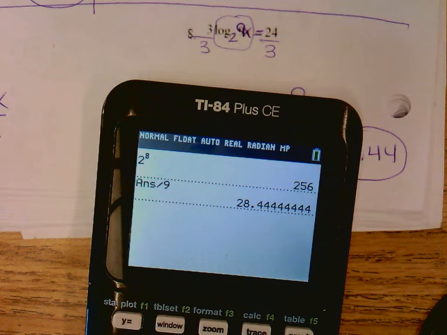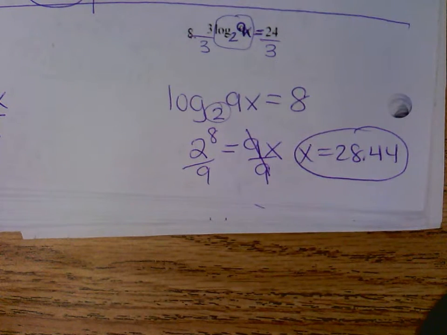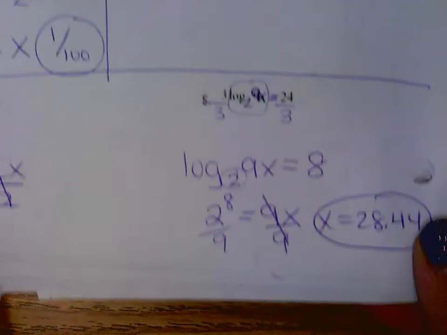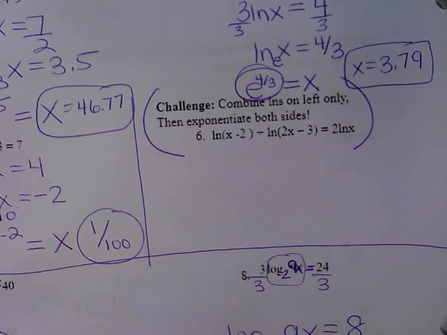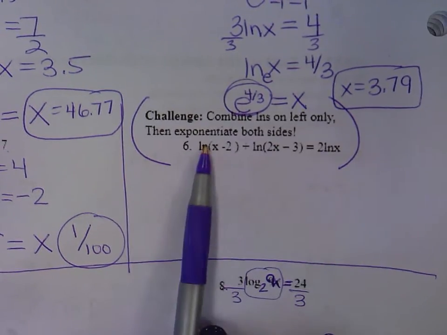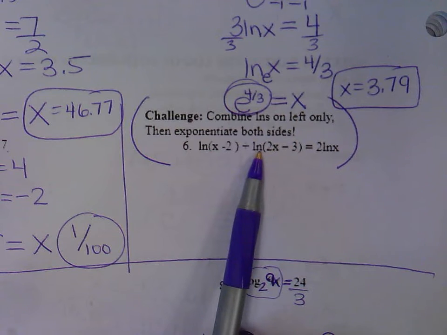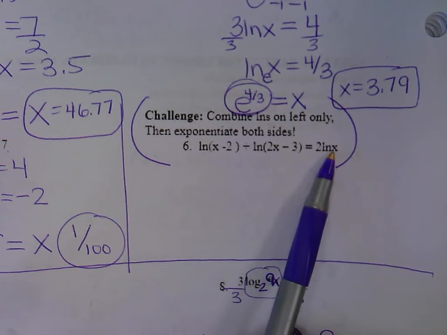Okay, I wanted to show you quickly the bonus one, because some people in here like doing bonuses, and it's not really beyond you. It's just combining our properties of logs with the one-to-one property. So there's a natural log here, and there's a natural log here, and there's a natural log on the other side.